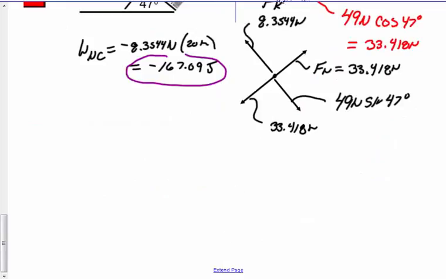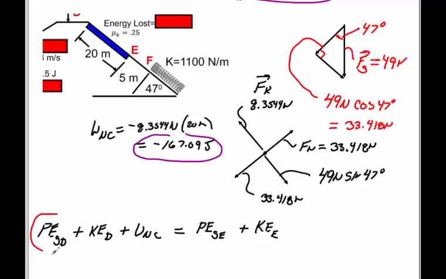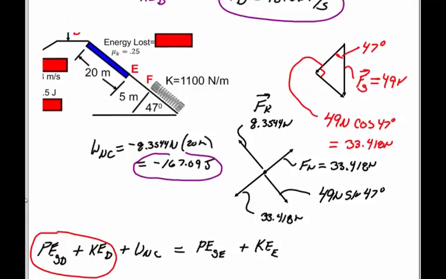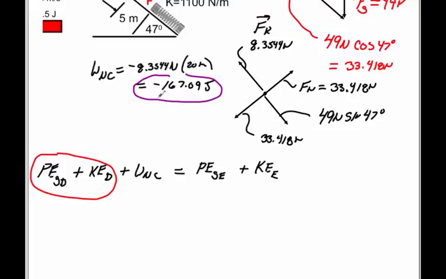So I'm going to rewrite the equations, and what we're going to write is the gravitational potential energy at D, plus the kinetic energy at D, plus the work done by non-conservative forces must equal the gravitational potential energy at E, plus the kinetic energy at E. Now we know this value right here is the energy I had up here, which is 524.5 joules, because that's not going to change.